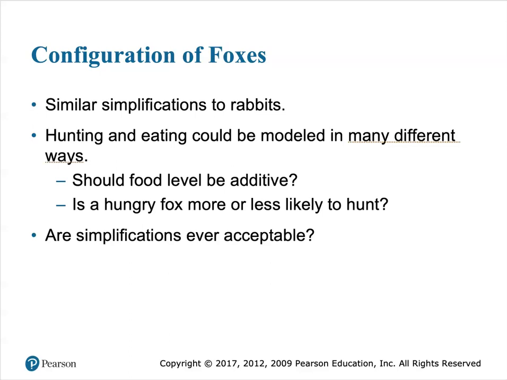But also the way they hunt is somewhat simplified. Do they hunt on every turn? Should there be a point where, if they've satisfied their hunger, they will take some time off and not need to hunt? So there are some things that could be added into the simulation like that.